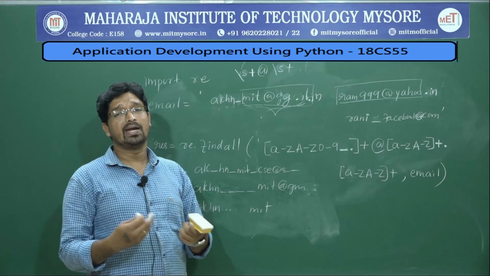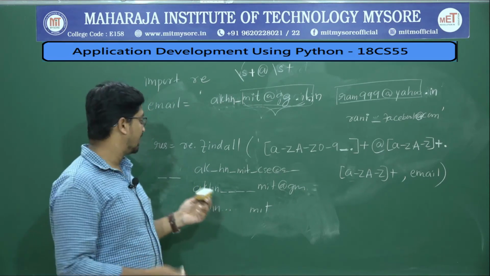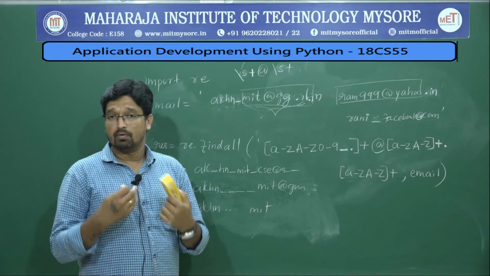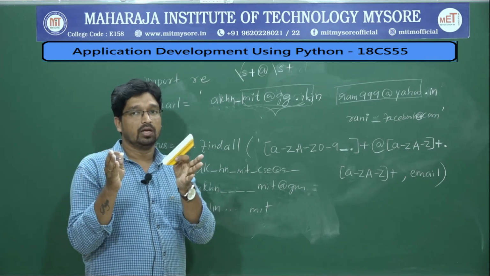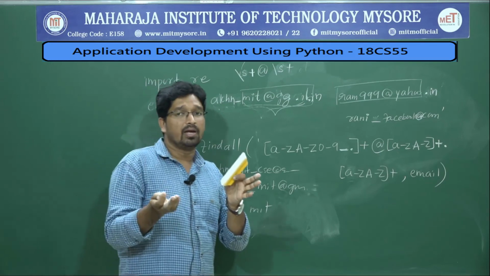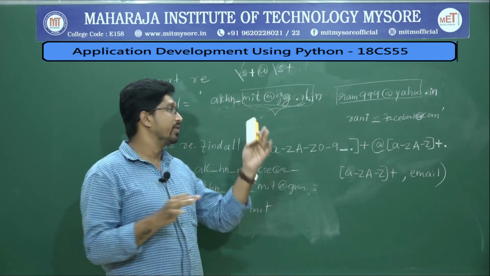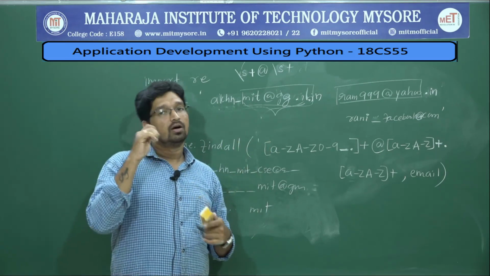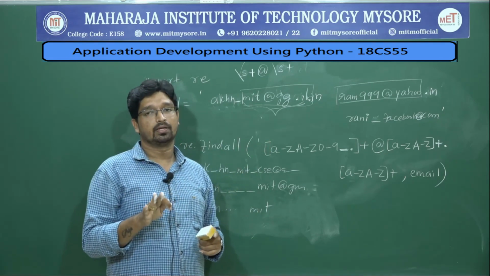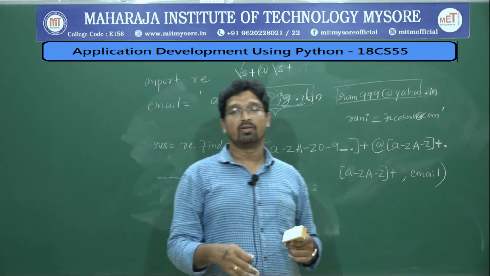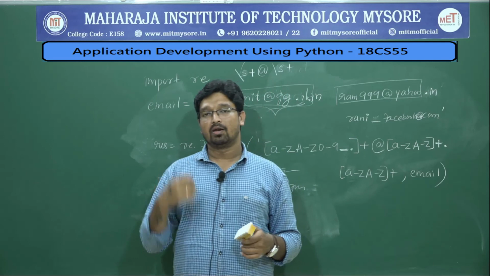If I have the email ID akhn at MIT.in, it's a valid format actually. I don't know whether it's a valid email ID or not, but it's a valid format. Here we are checking only whether it's a valid format of email ID.